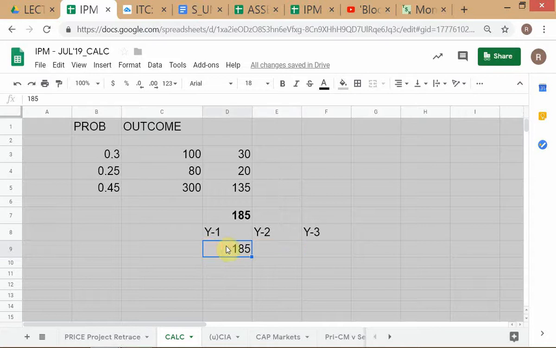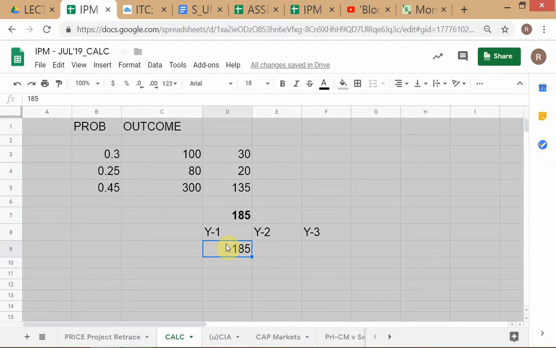You're already familiar that if you project the first year's cash flows as 185, you just write 185. One way you can use expectation in your existing valuation exercises is this: because we know it's an uncertain future number, we don't know for sure that it's 185.